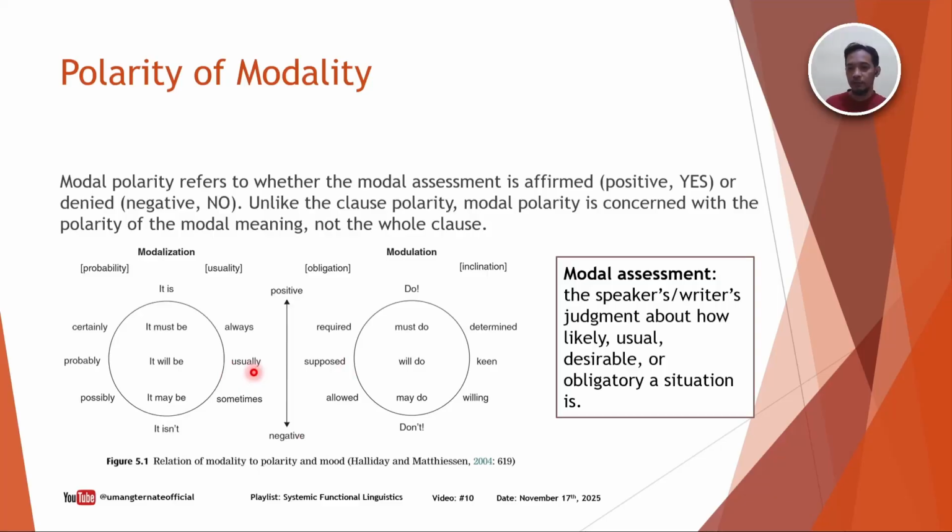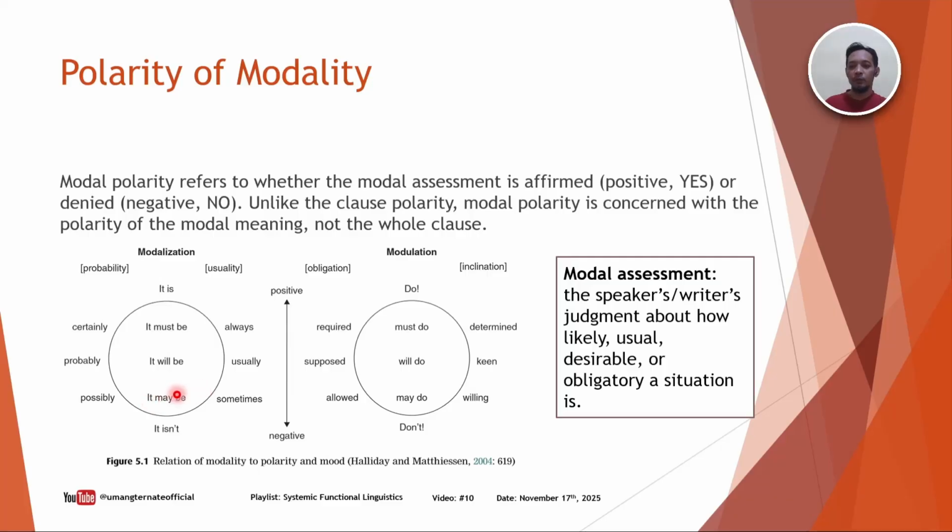Okay? So polarity is also associated with the degree or values. As you can see here, must is at the top side while may is at the bottom side. It means that between may, will, and must, there is a different degree or value.